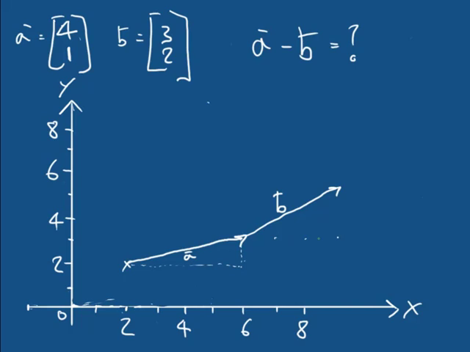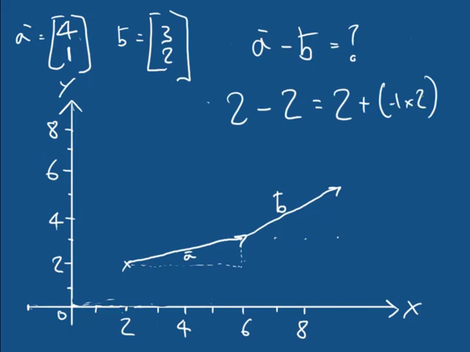Now we're going to see why that's the case a little bit later when we're multiplying vectors by a scalar value, because really this is the same as saying multiply by a -1, just in the same way as 2 minus 2 is the same as 2 plus -1 times a positive 2.